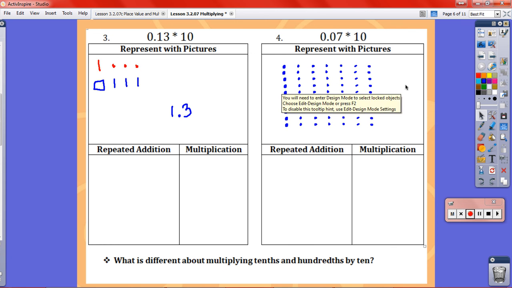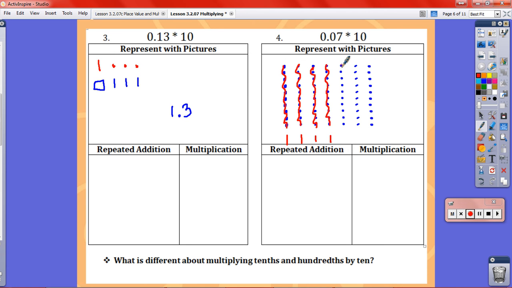And then I'm going to cross out 10 to make a tenth, cross out 10 to make a tenth, and so on and so forth. So you can see that if I draw out the picture, I get the same effect. That is 7/10.